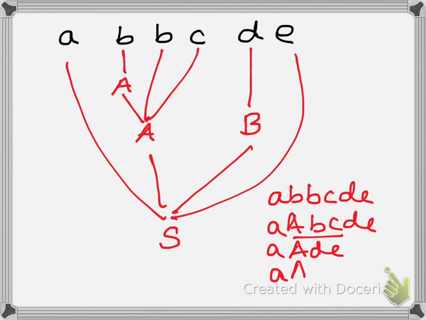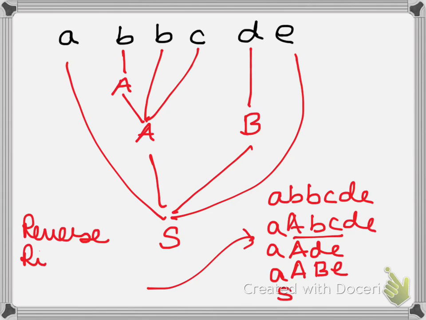Then d was replaced by B, and a A B e we got S. So this is nothing but the reverse rightmost derivation. We have these two types of parsing, bottom-up parsing and top-down parsing. We will discuss these two types in detail in the next video.